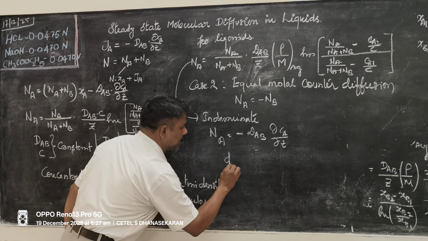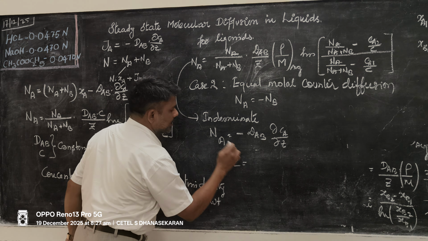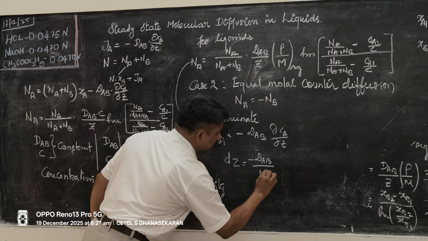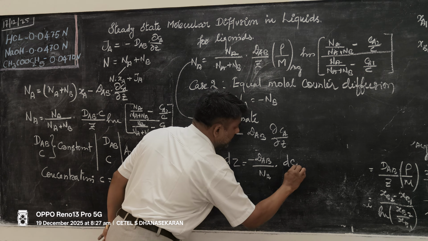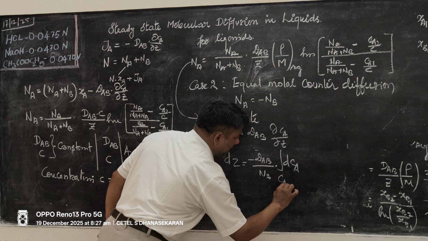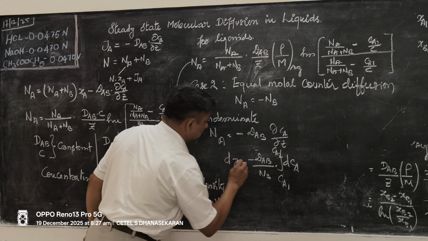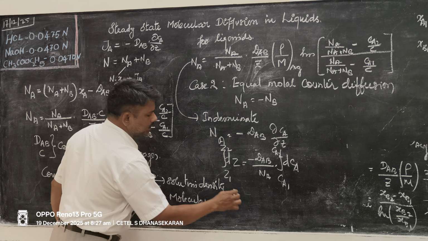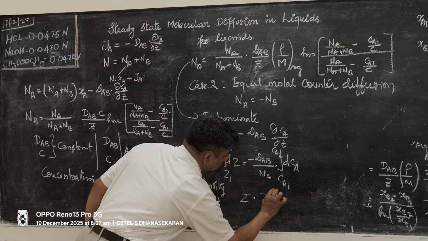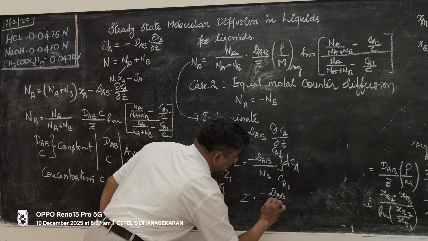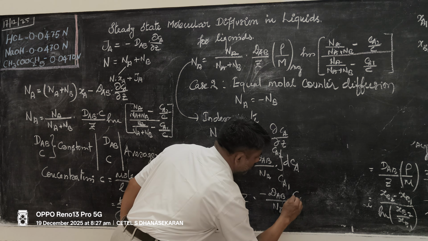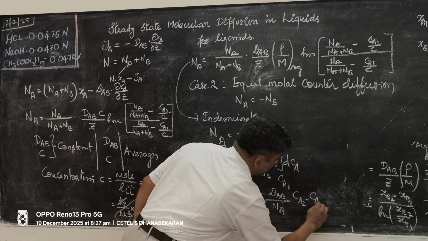Hence, this equation can be rewritten like this. dZ is equal to minus dAb divided by Na into dCa. Limit tends to Ca1 to Ca2, and Z1 to Z2. Z2 minus Z1 is called as Z. That means minus dAb divided by Na into Ca2 minus Ca1.